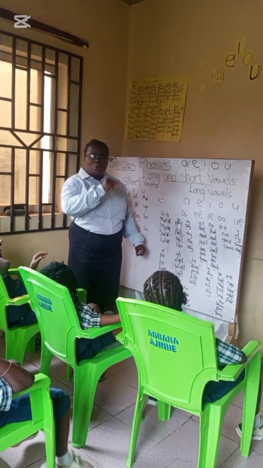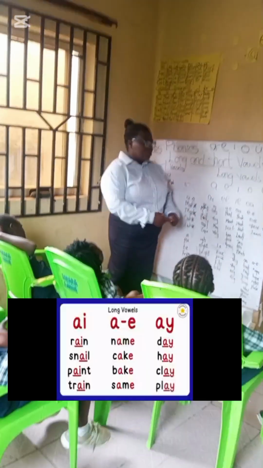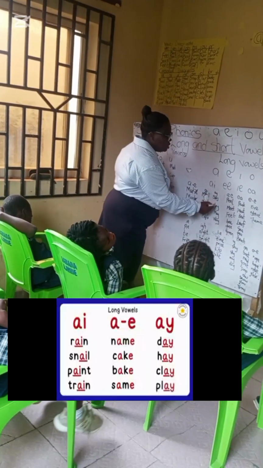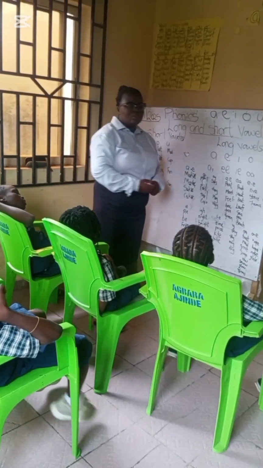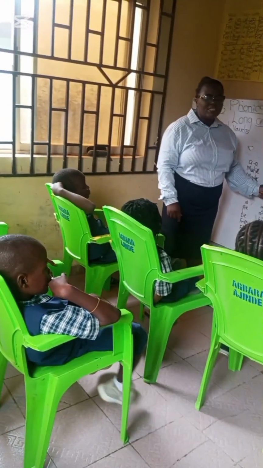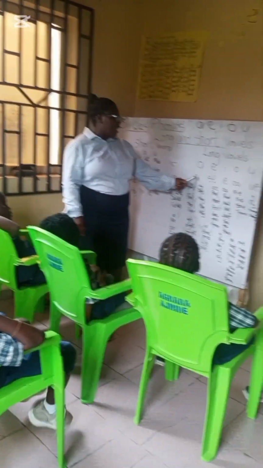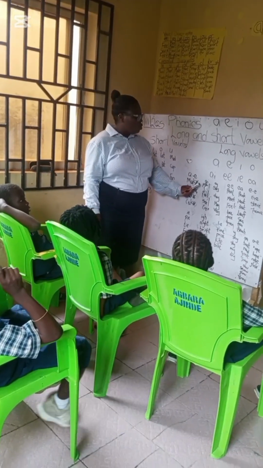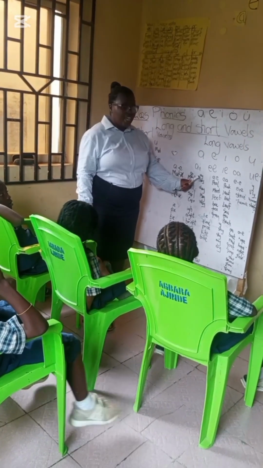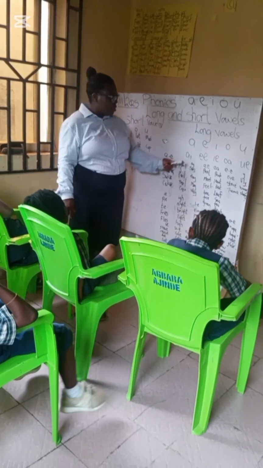E.g., say, they, may, way. You can see that the Y is silent. So I told you that your A could be A and E separately, it could be A I, it could be A Y. They all sound A.